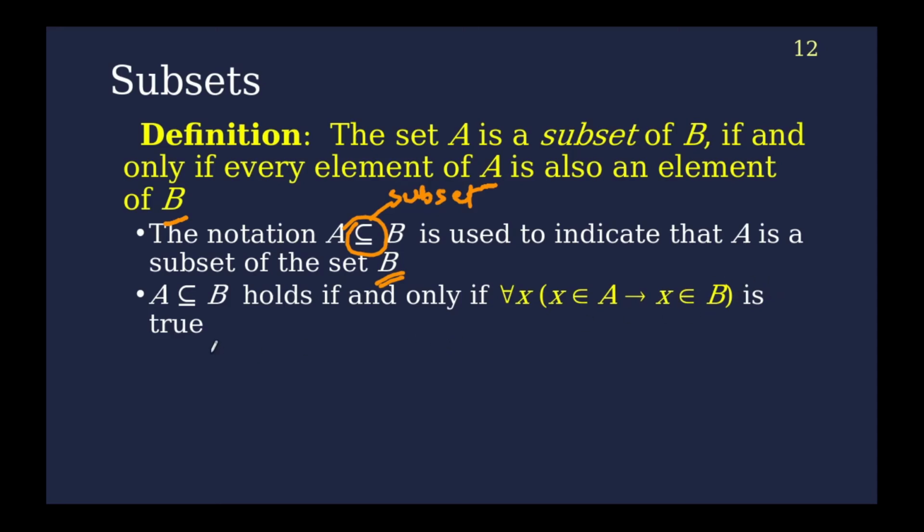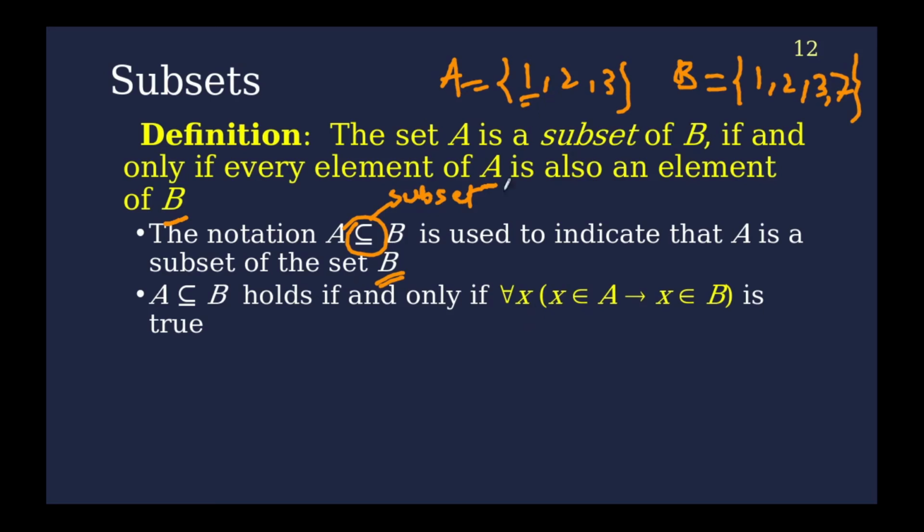Is that true? For example, say A equals {1, 2, 3} and B equals {1, 2, 3, 7}. According to this definition, if 1 belongs to A, then 1 should belong to B, which is true here. If 2 belongs to A, 2 belongs to B, which is true. 3 belongs to A and 3 belongs to B, which is true.